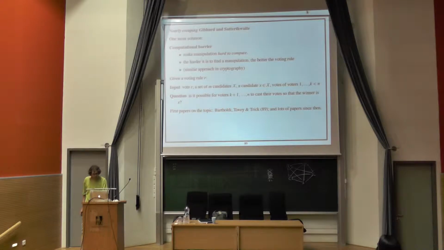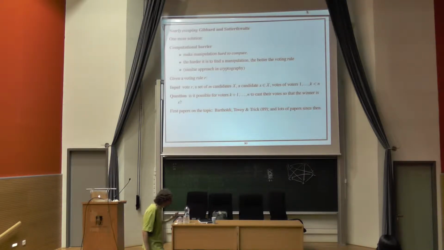And another way, and this is again where computer science has a role to play. Another way, not of escaping the theorem but trying to avoid it a little bit, is the following line of reasoning. Take a voting rule. There will be profiles for which some voters have an incentive to manipulate. But maybe this manipulation will be hard to compute.